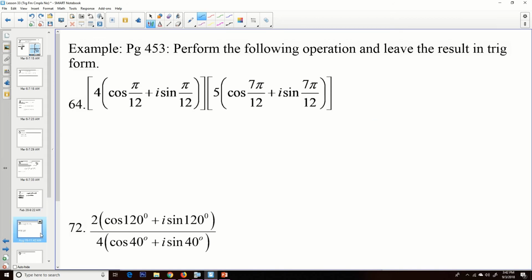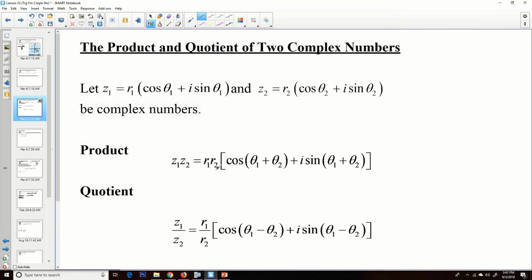All right. Next, it says perform the following operations and leave the result in trig form. Okay, well, we can do that. So here I have a product of two complex numbers that are in trigonometric form. So if we go back and we look at the product, what we're going to do is multiply the modulus, and then add the arguments.